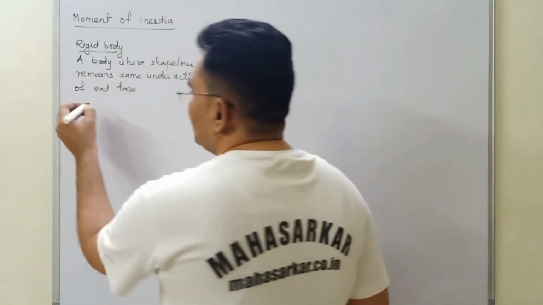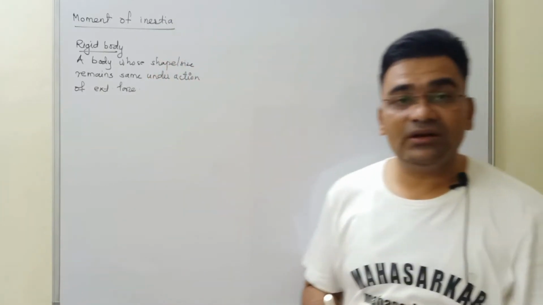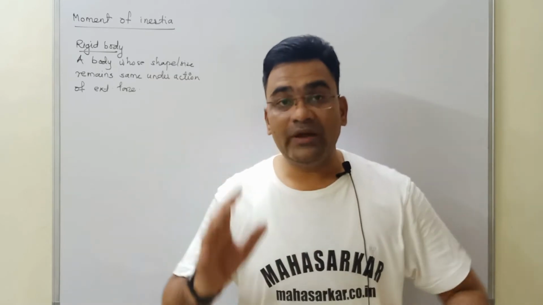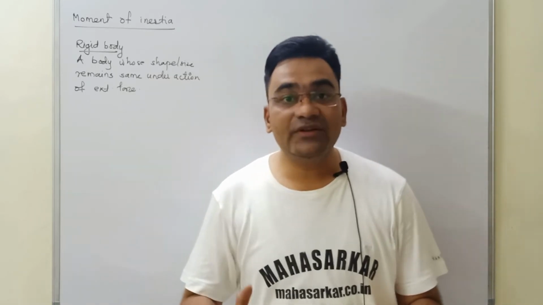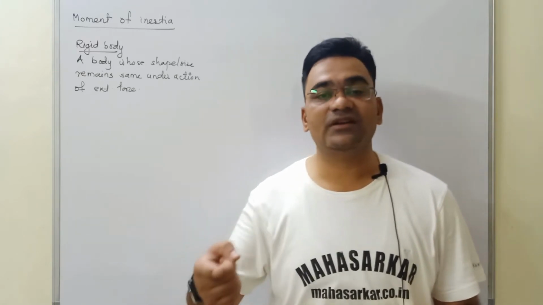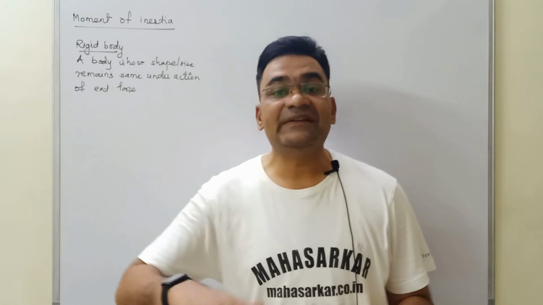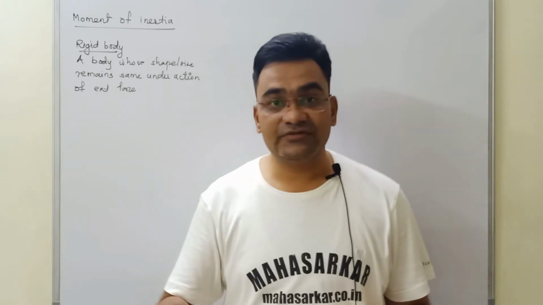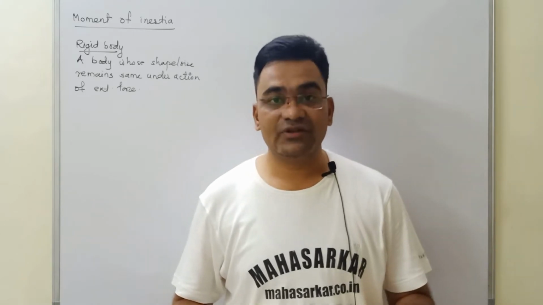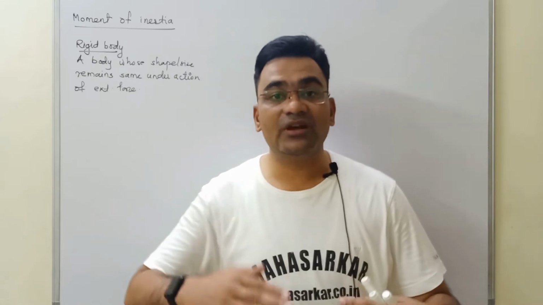When we deal with a rigid body, it can be used for studying rotational motion. So let's compare a few things before going directly to rotational motion or moment of inertia. Now, which quantity provides you the inertia? You should know what inertia is. Inertia is the tendency of a body to resist any kind of change produced in its state. For example, if I am at rest, my body maintains that state of rest.